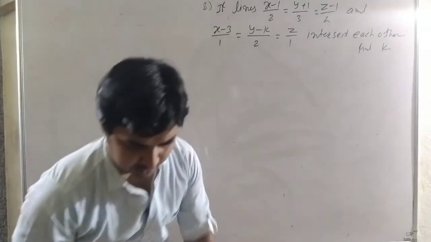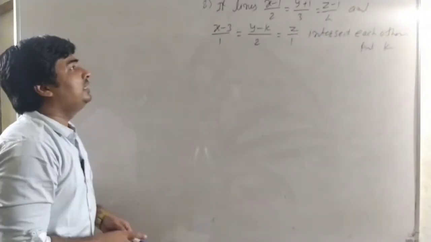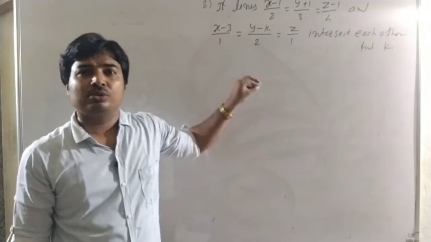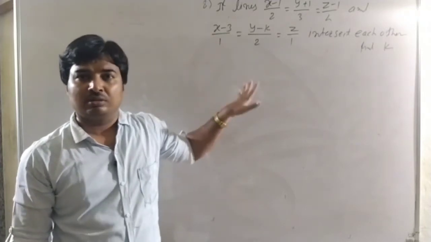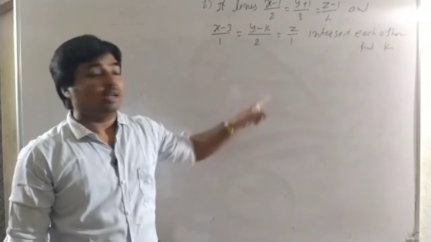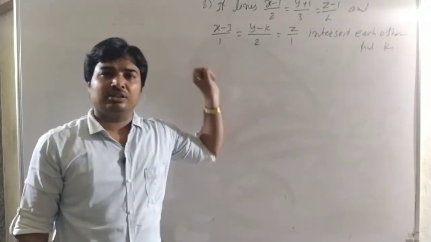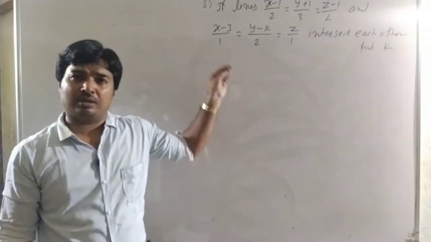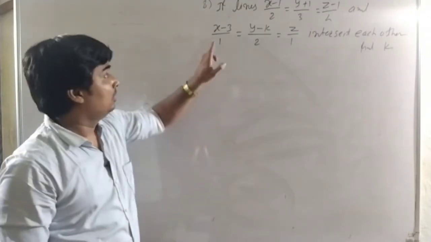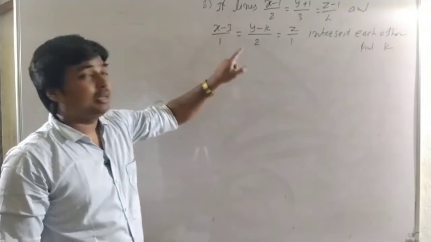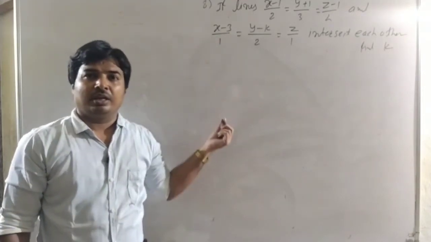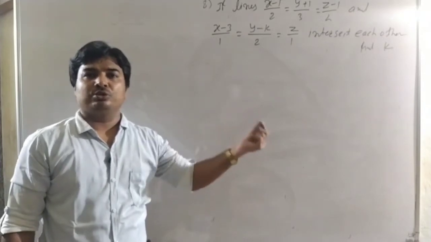Here, these two lines intersect each other. The lines are in the Cartesian form, so you can use the Cartesian method or the vector method. If the lines intersect, then the shortest distance between them is 0. There are two conditions. In Cartesian form, the determinant of x2 minus x1, y2 minus y1, z2 minus z1, a1, b1, c1 and a2, b2, c2 is equal to 0.